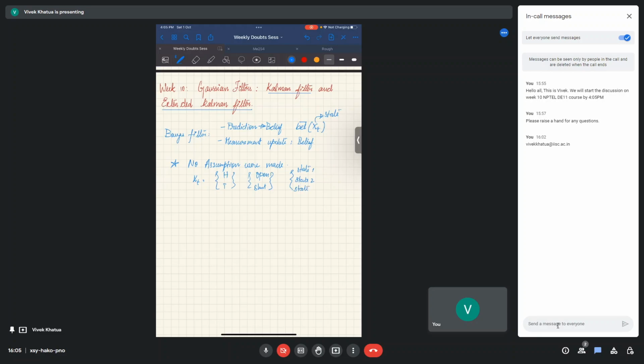These are the kind of states we had, and these are discrete. It's either head or tail. There is no measure of how close it is to head or how close it is to tail.